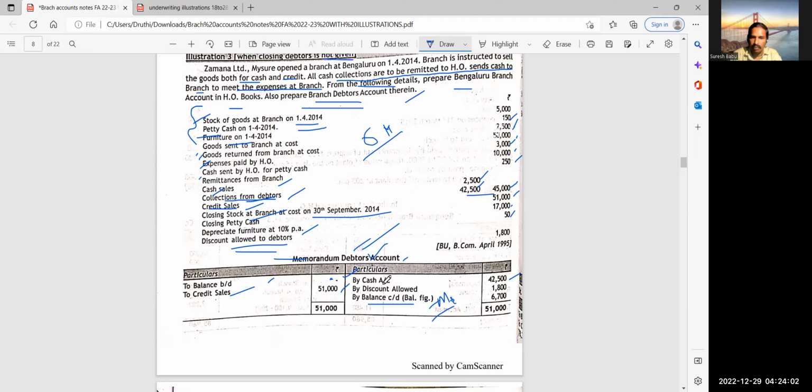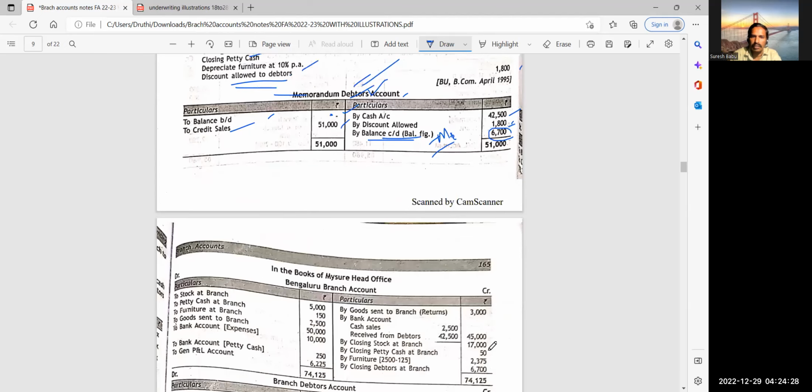So cash or bank account debit to debtors account. Discount allowed to them, 1,800 rupees discount. And if you balance it, only such items are there. Balance it, 6,700 rupees is the balancing figure, which is known as debtors closing. Missing information which we have ascertained.